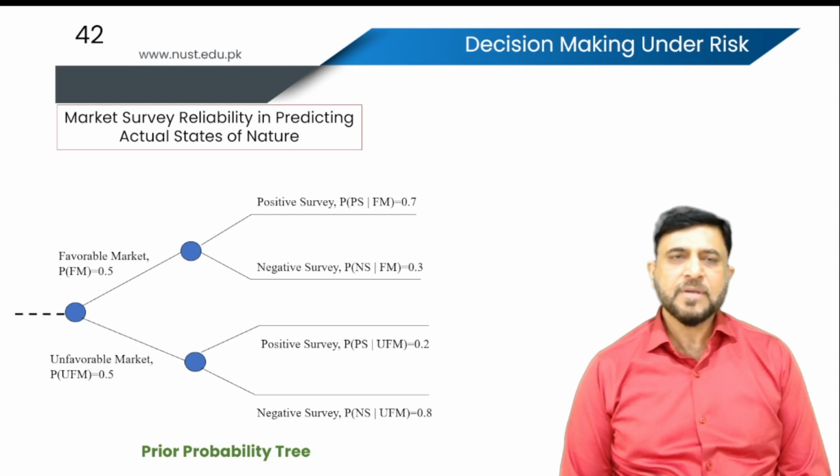So if positive survey is there, then it is 0.7. If negative survey is there, 0.3. These are conditional probabilities which depend on favorable market. Similarly, conditional probabilities for positive and negative surveys depending on unfavorable market are 0.2 and 0.8 respectively. This diagram is called the prior probability tree.